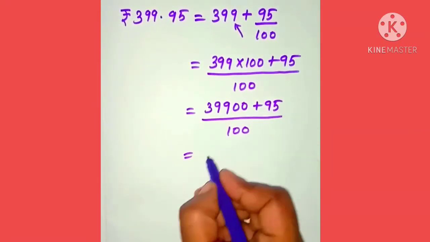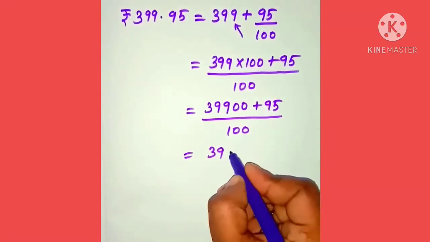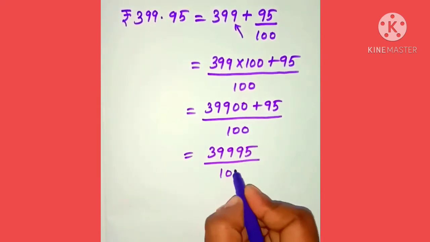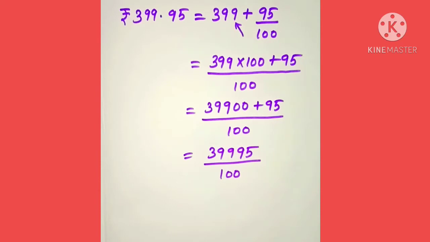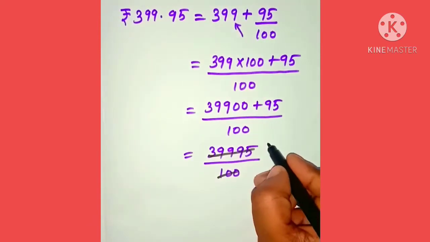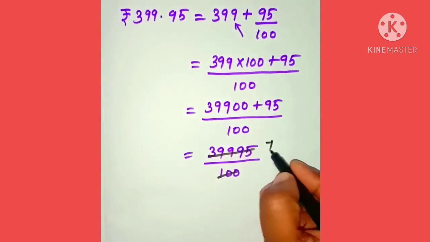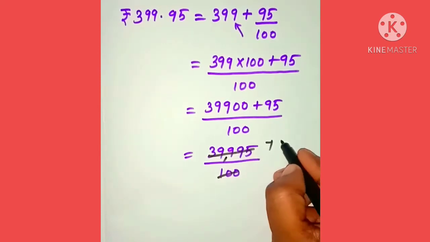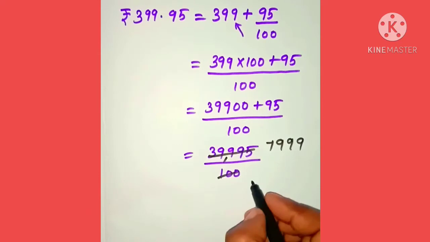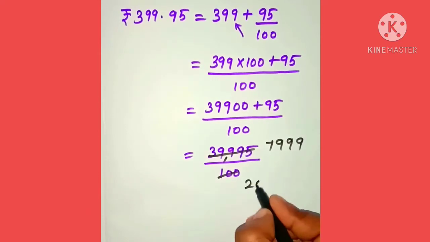While adding we get 39,995 by 100. Now cancelling the numerator and the denominator by using the table of five, we get in the numerator 7,999 and in the denominator 20.